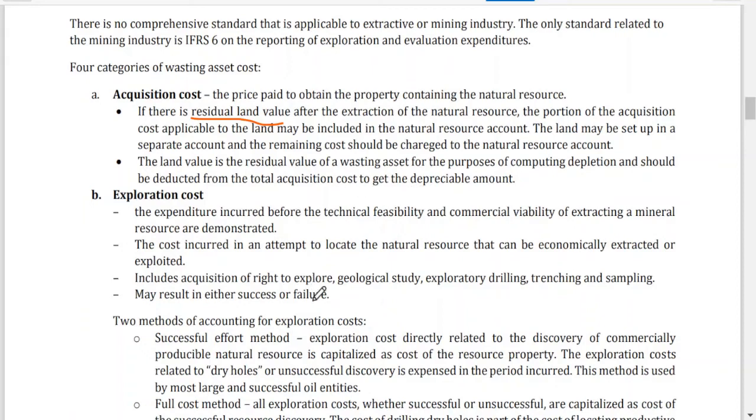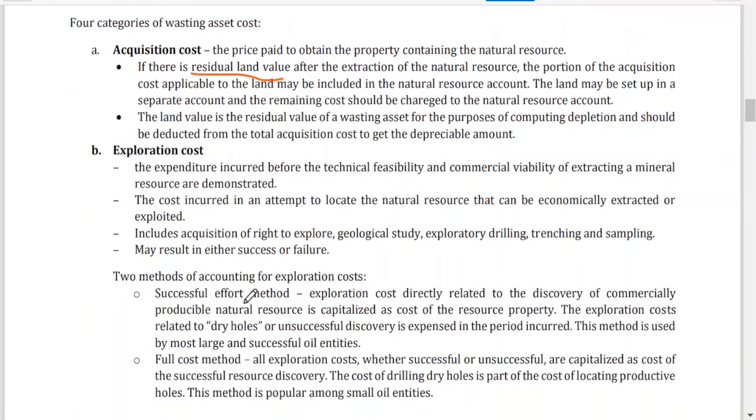It includes acquisition of the right to explore, geological study, exploratory drilling, trenching, and sampling. Before you can extract from the area, first you have to acquire the property. You're going to buy the property, and thereafter you can explore. It can result in either success or failure.